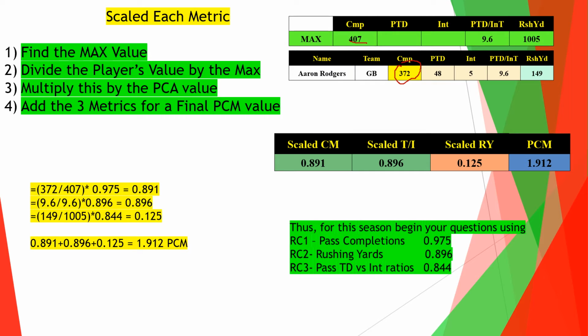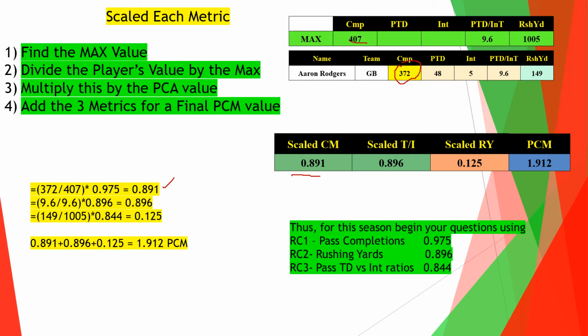So here's that calculation: 372 divided by 407. I multiplied by the PCA factor, which was in the previous slide. And Aaron Rodgers gets 89.1 in completions, or RC1. There it is. And I call that scaled completions.